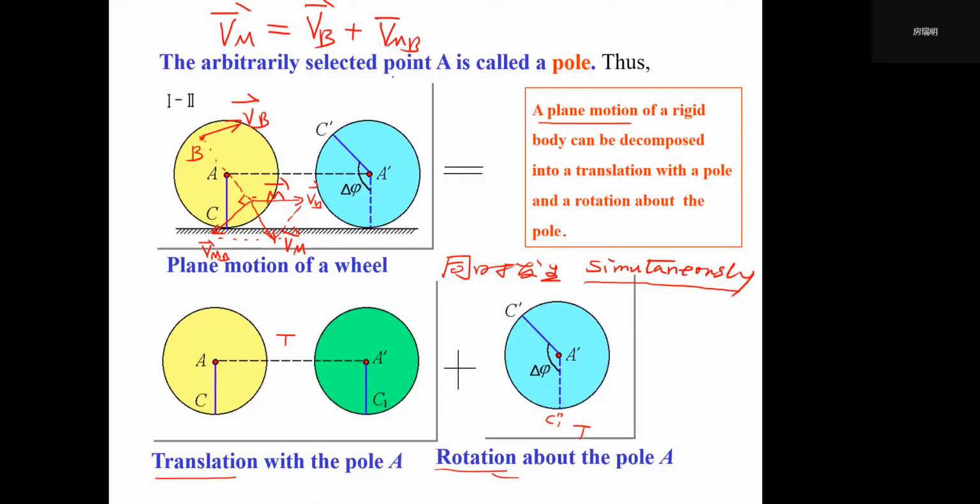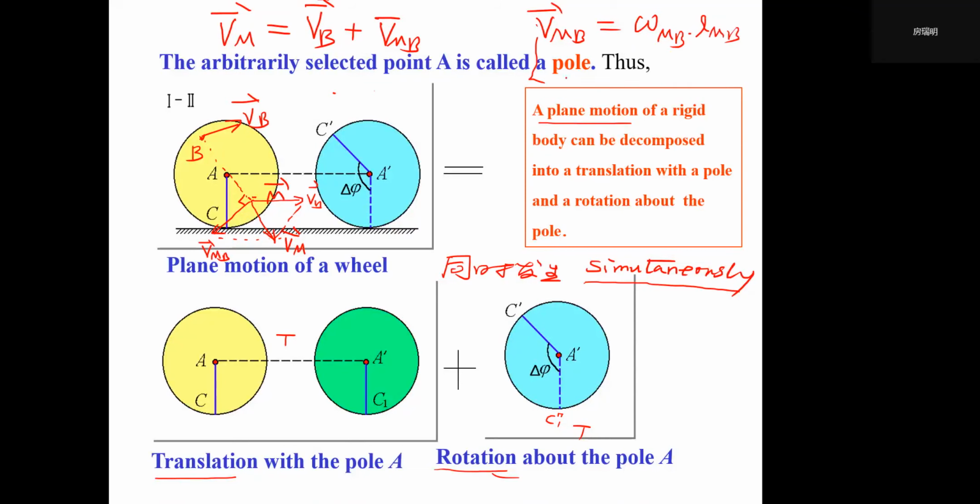And you know, actually this VMB will equal omega times MB. Actually, it's the rotation angular velocity of this rigid body times the distance from M to B, LMB.